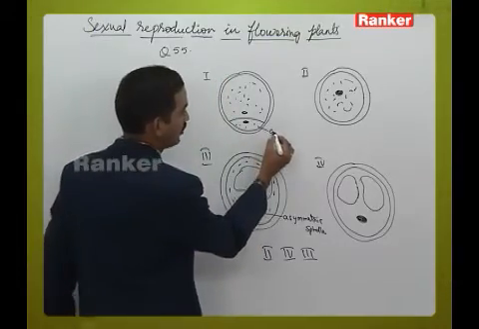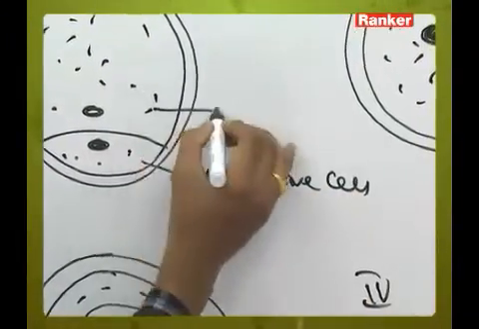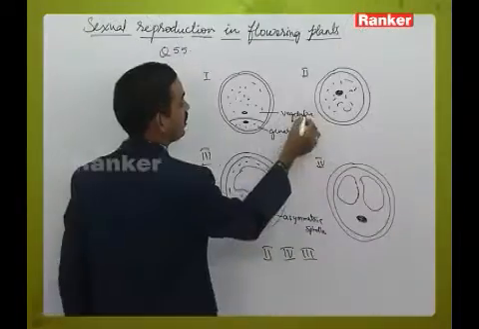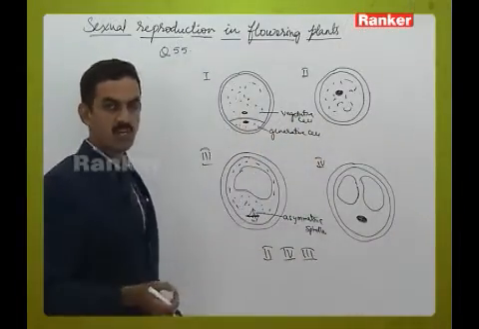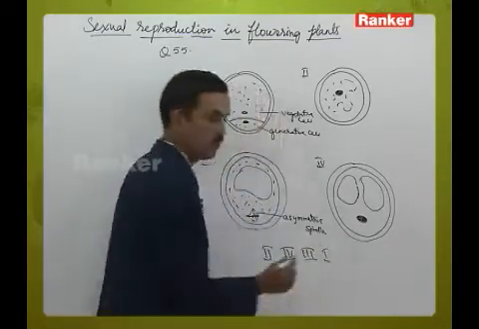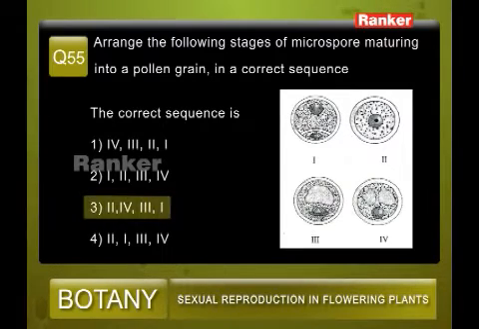One is a smaller one called a generative cell, and the other one is called a vegetative cell. So now it is a 2-celled microspore or partially developed male gametophyte. So next stage will be 1. So the correct sequence of stages during the maturation of the pollen grain is 2, 4, 3 and 1. So question number 55, the correct answer is 3.